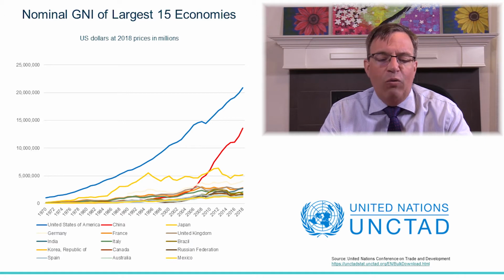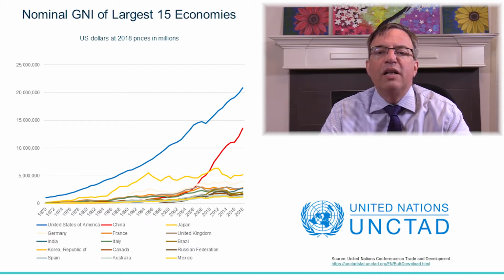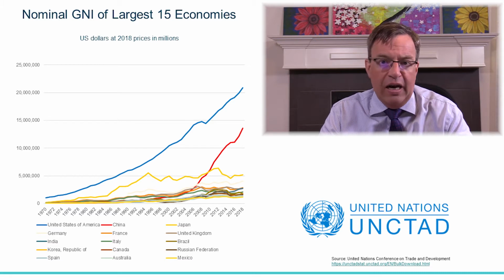And remember that we're looking at economic value in US dollars at 2018 prices, right? So there are all sorts of things, if you did your prices differently or that kind of thing.